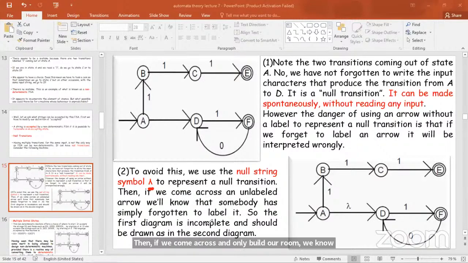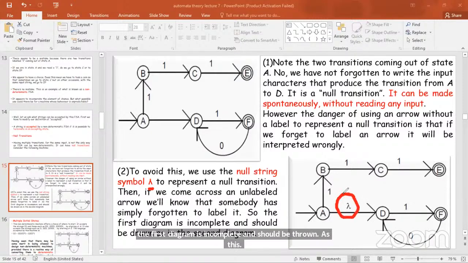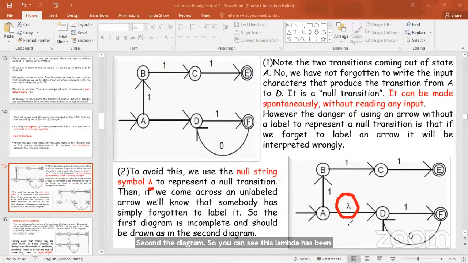So the first diagram is incomplete and should be drawn as this second diagram. You can see this lambda has been introduced here to show that it is not that we refuse to put anything, it is simply that a lambda should be here, instead of thinking it should be 0. No, it's just a non-deterministic automaton.